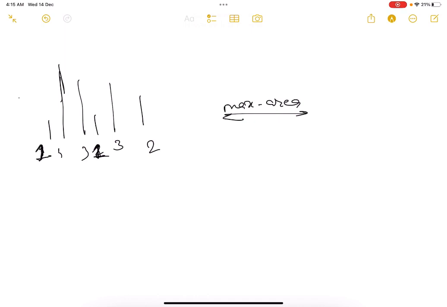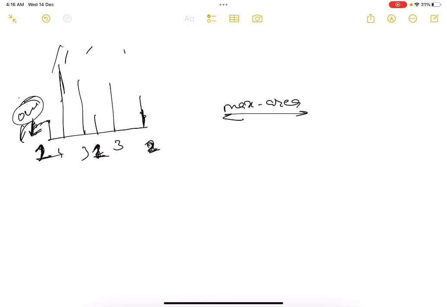Suppose we are selecting 1 and 2 here. The area which will contain water if water is poured on it, right? If we select 1 and 2 here only, after 1 the water will start to overflow and will not be contained.